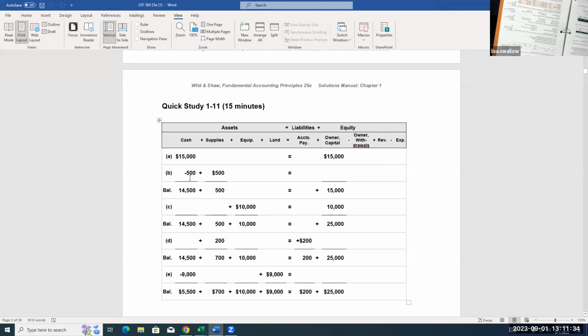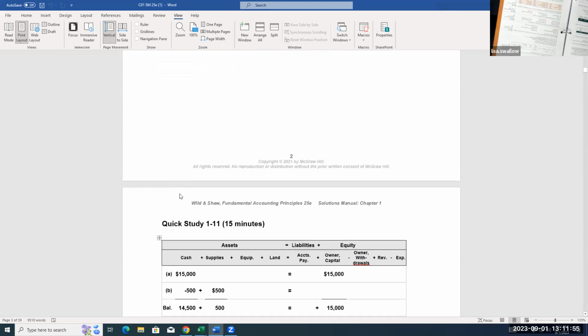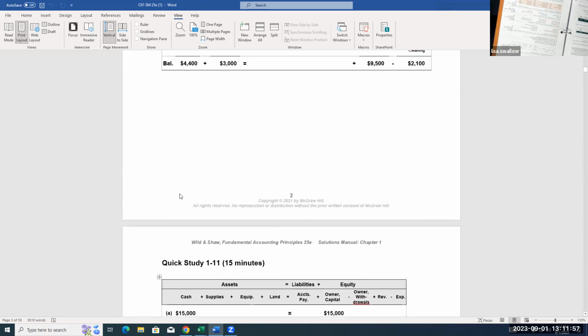Braden, can you read me the first transaction? Do you have the book up? Yep, and tell me what you thought. Yep. So how does that affect the equation?